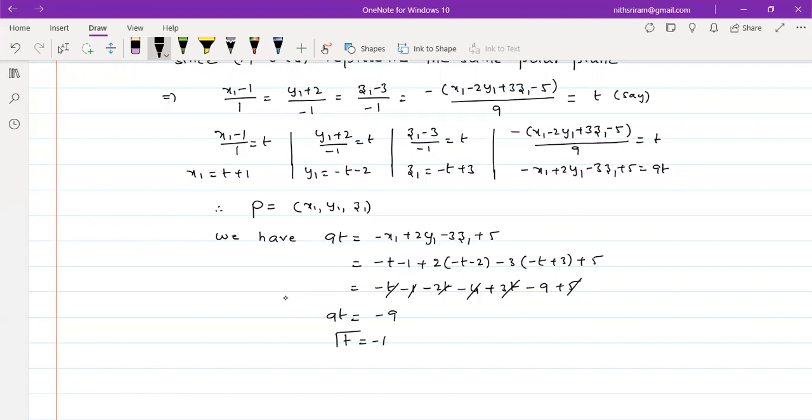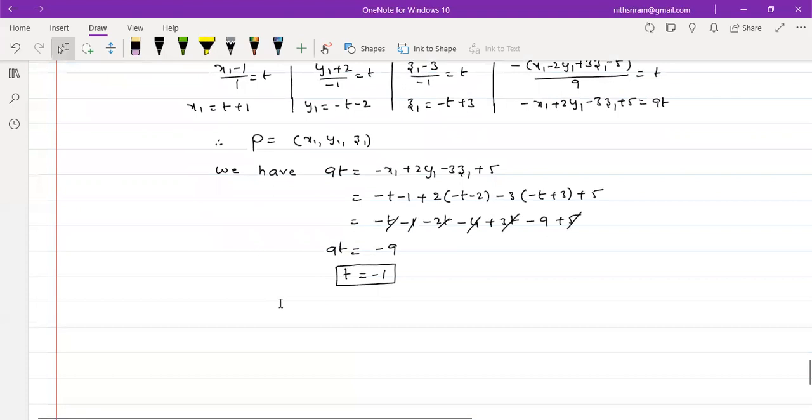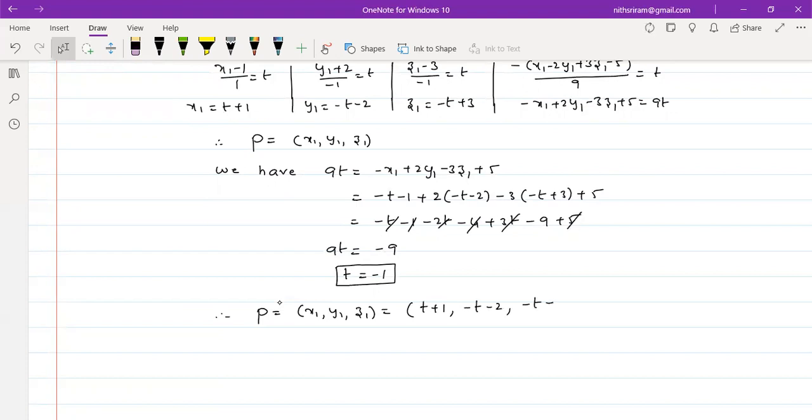After getting the t value, we can write the point (x1, y1, z1) is equal to (t plus 1, minus t minus 2, minus t plus 3). In this point we substitute the value of t as minus 1.